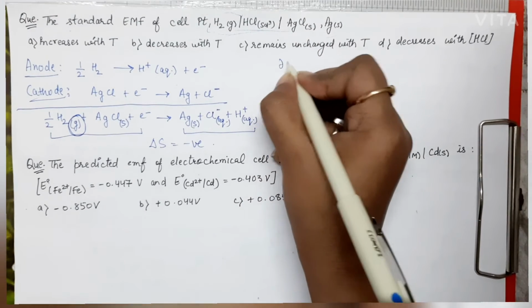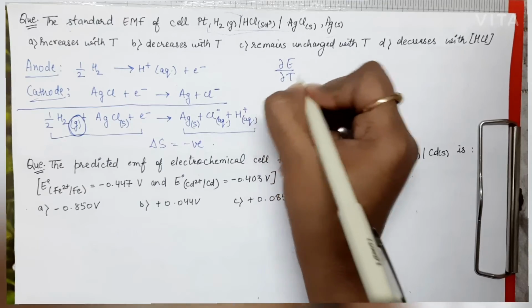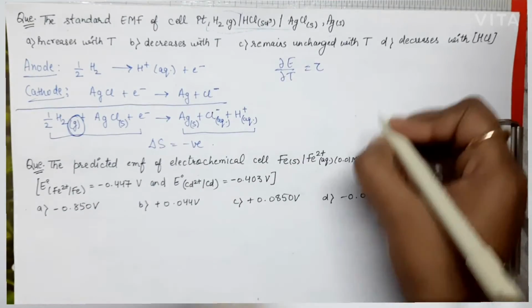Now one relation we'll know, that is del E by del T, which we represent as tau.